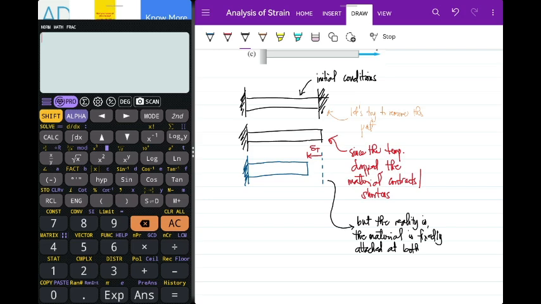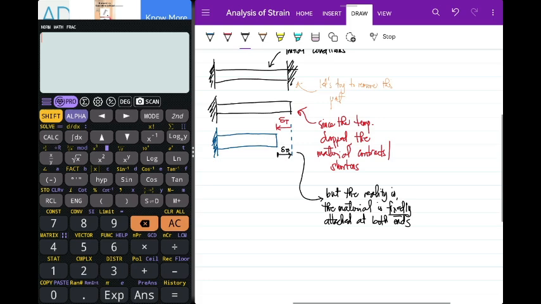Okay, as written there, the actual scenario is the material is fixedly attached at both ends. So it simply means that although the material will contract due to temperature change, in reality, we will not see the material shortening.